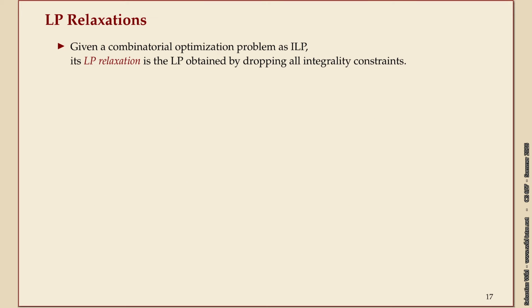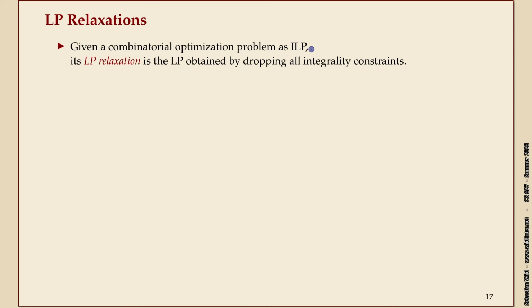And this is something we can use to our benefit, because remember, LPs can be solved quickly. In theory terms, polynomial time is for free. So we can take one of the many combinatorial optimization problems that you can represent as an ILP, and define its LP relaxation, which is just taking this ILP and striking out the integrality constraint.